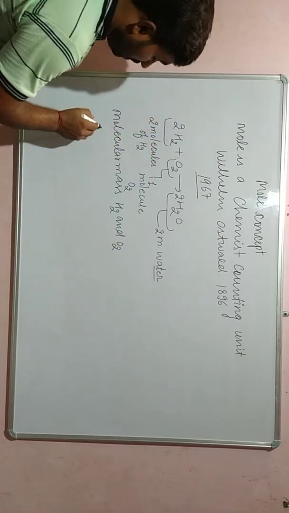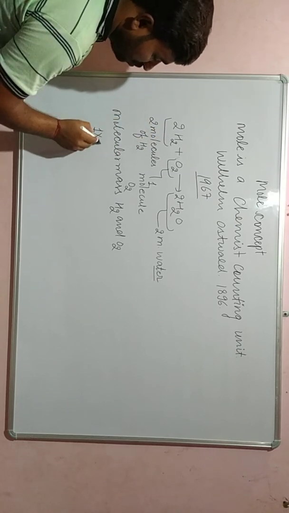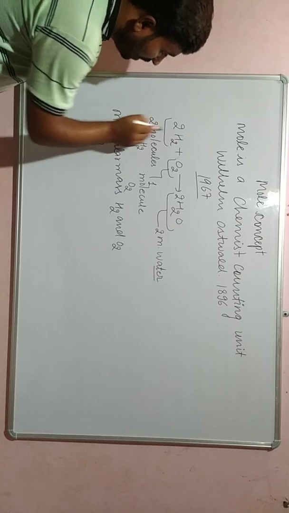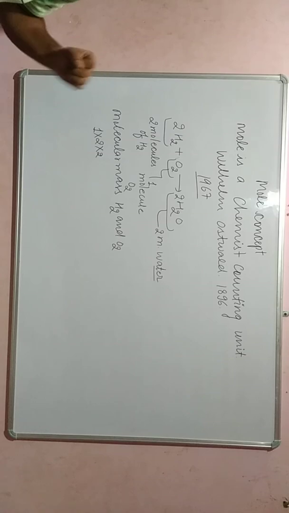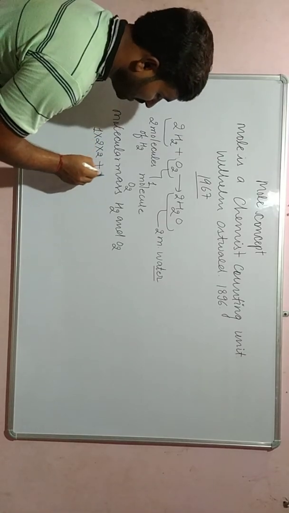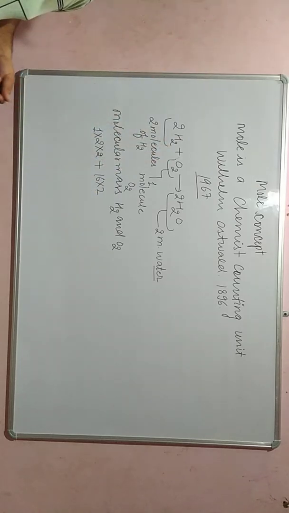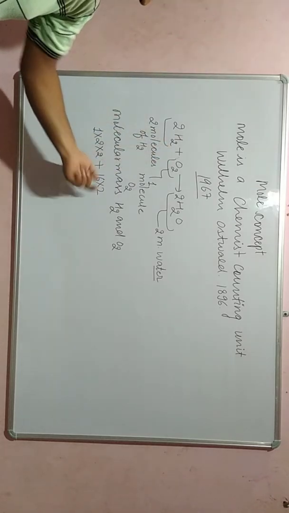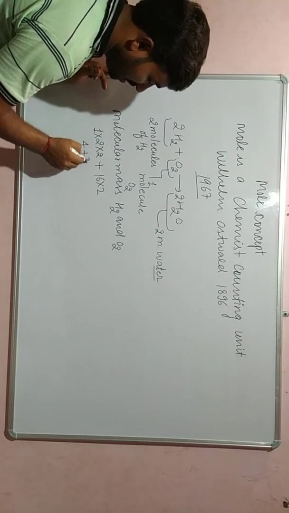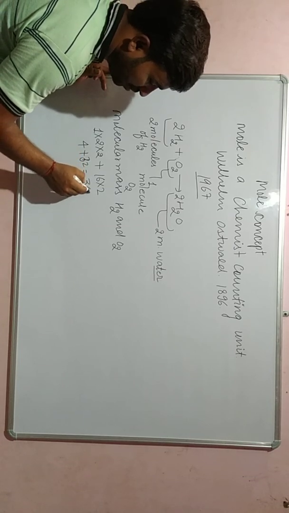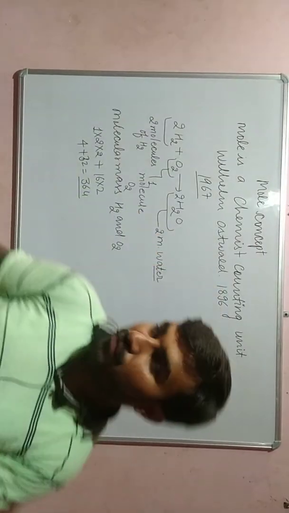Atomic mass of hydrogen is 1 and there are 2 hydrogens, multiply by 2, and 2 molecules are there, so we multiply by 2 again, plus oxygen, atomic mass of oxygen is 16 and there are 2 atoms of oxygen, so multiply by 2. We get 4 plus 32 is equal to 36 u. This is the molecular mass of water.